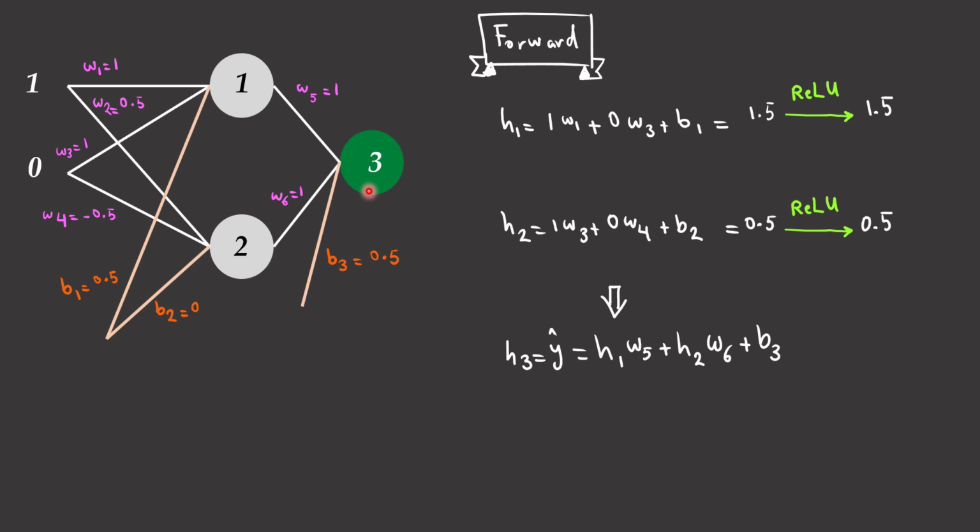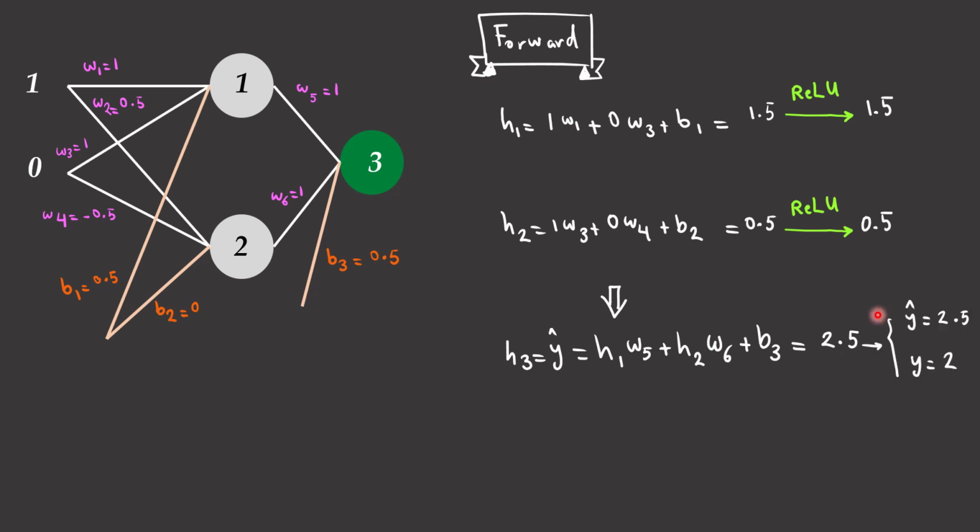By identity activation function, I mean whatever the input is, it returns that value as the output. So the output of this neuron is exactly the input of this neuron because we don't have any activation function. The output of this output neuron is called y hat, the prediction value. And if we plug in these values, you can see that we get 2.5.